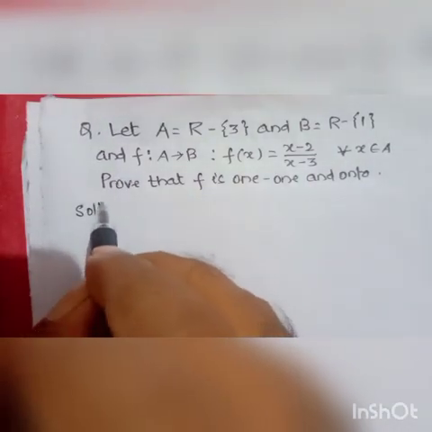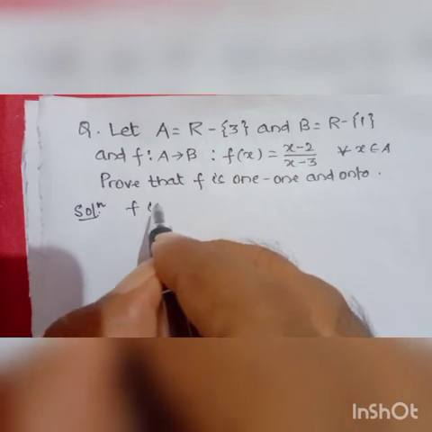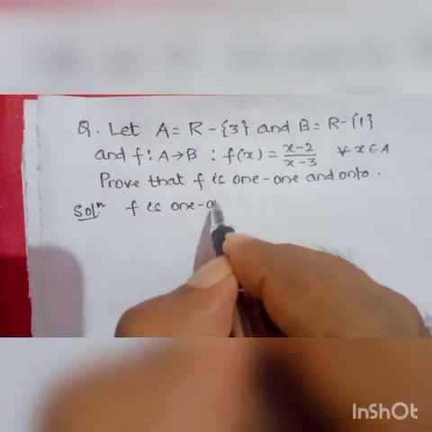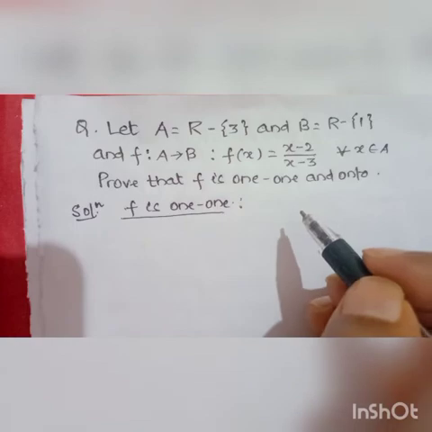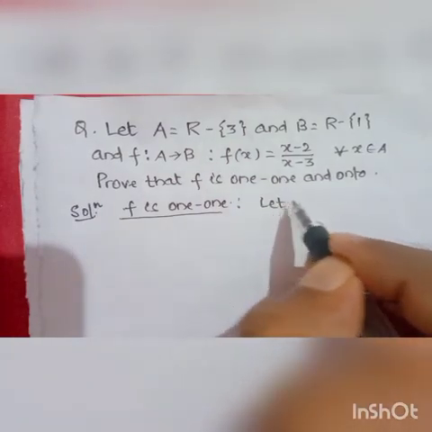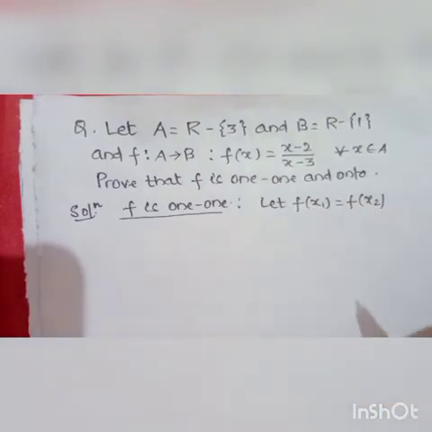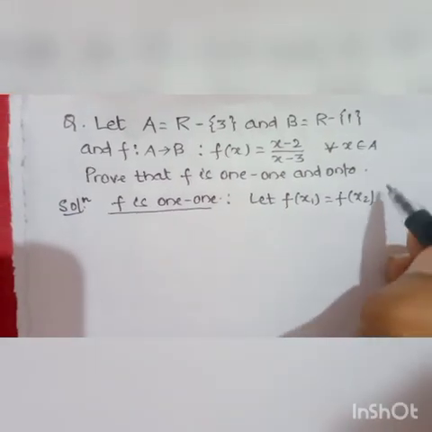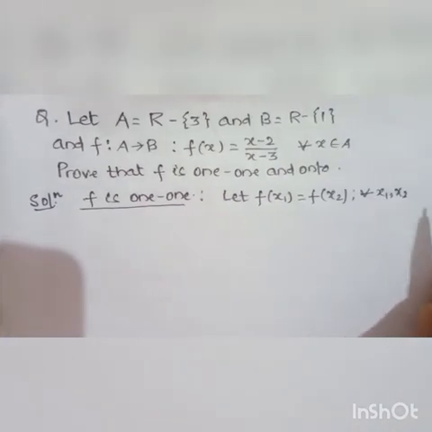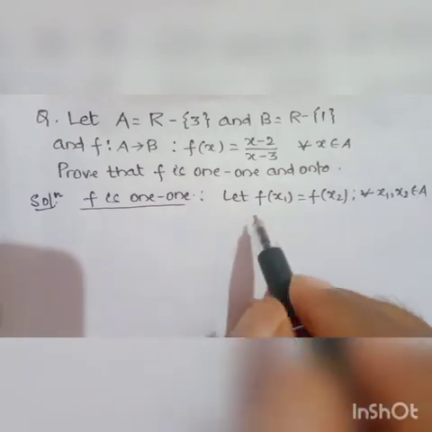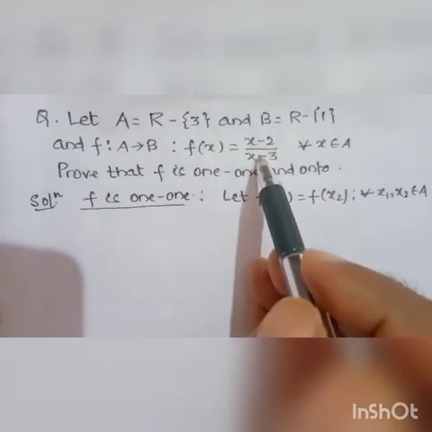So first see f is one-one. Let first f(x1) equal f(x2) for all x1, x2 belonging to A. It is given that f(x) is equal to (x minus 2) upon (x minus 3).